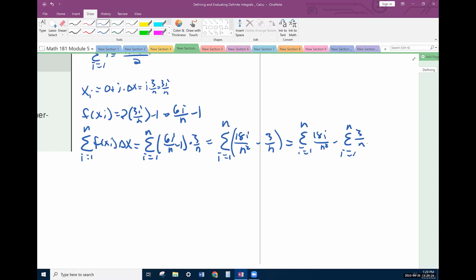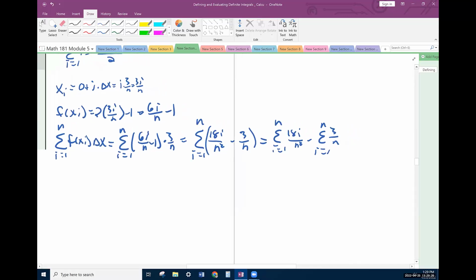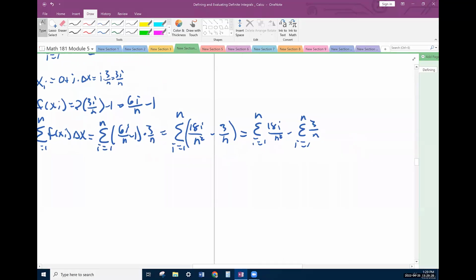Okay. So look at that first term, the 18i over n squared. What can you factor out of that? What can you take out that is not an i? 18 over n squared, I would pull out. And here, I would just pull the 3 over n out, and what's left inside is a 1.